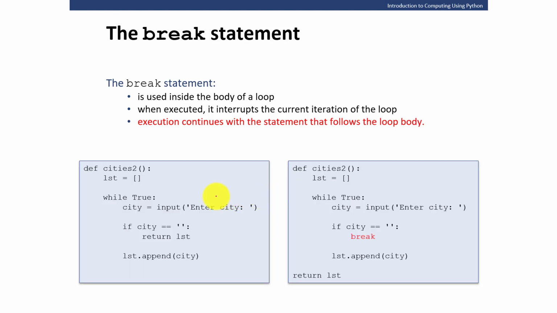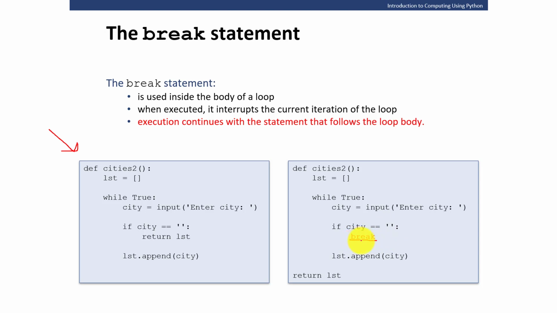So let's take a look at an example here. As we can see, here is the implementation of, if you remember, the function city2, and we use the break here. So what's the difference between this one and this one? At this statement, if the city is equal to an empty string, I specify a break.